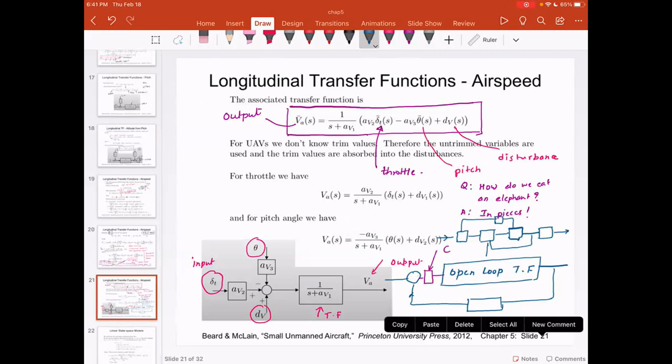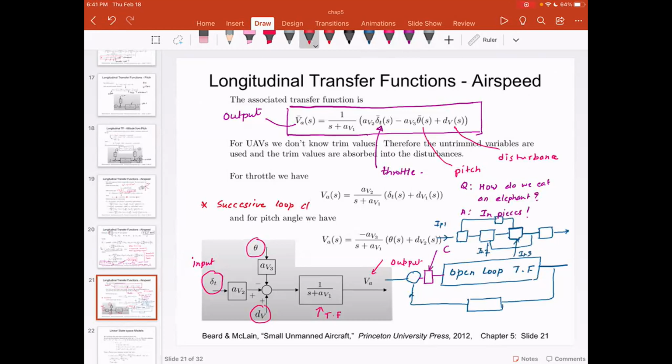You have input 1 acting on this block, input 2 acting on this block, maybe input 3 acting on this block. So basically, this is what the open loop transfer function is going to look like. What we are going to do is control successively. This is called successive loop closure. And this is an important technique, successive loop closure.